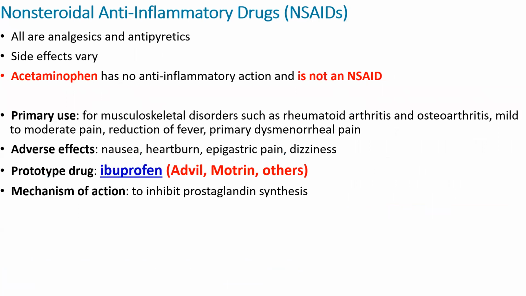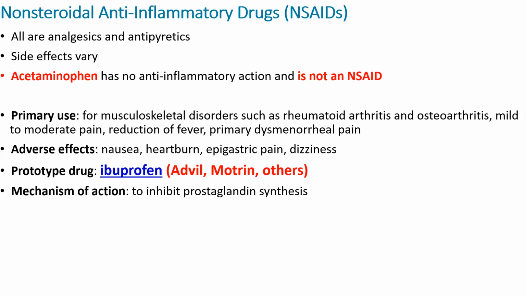Regarding the non-steroidal anti-inflammatory drugs, the NSAIDs, the acetaminophen, or Tylenol, has no anti-inflammatory action, so it shouldn't actually be listed as an NSAID because it does not have an anti-inflammatory action.